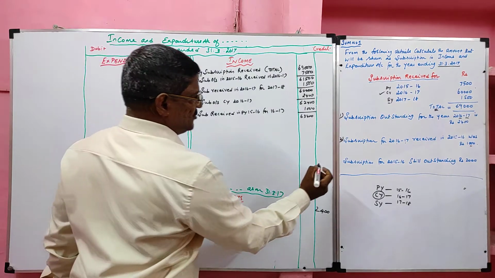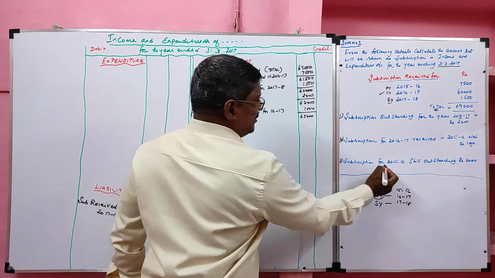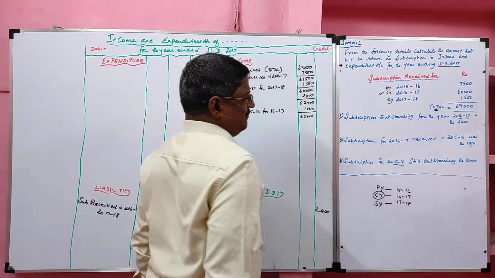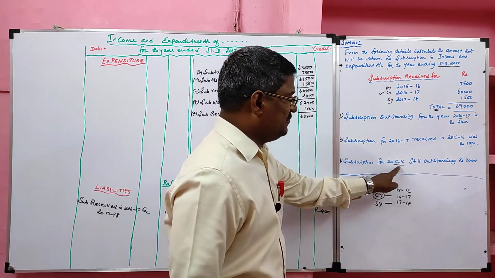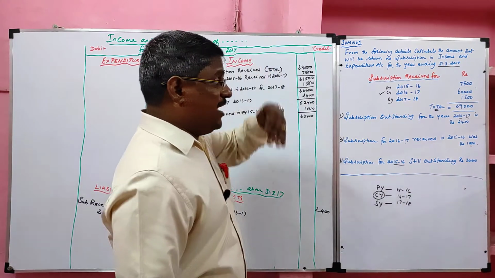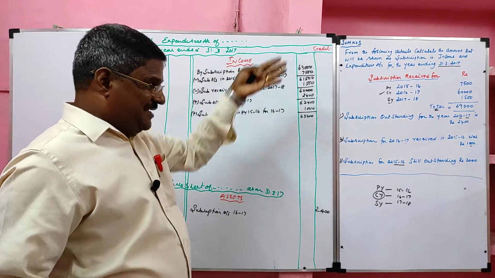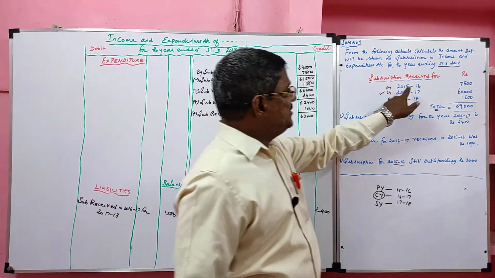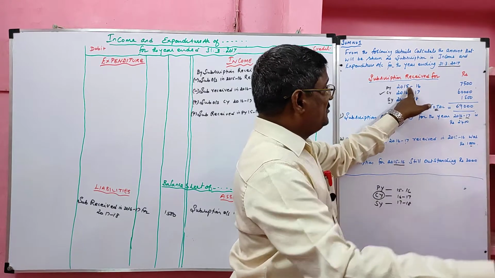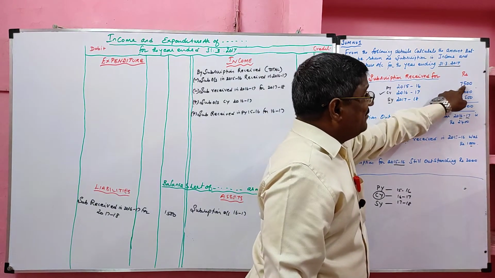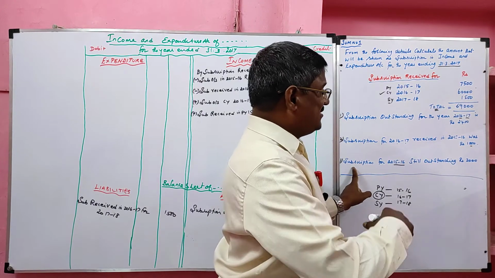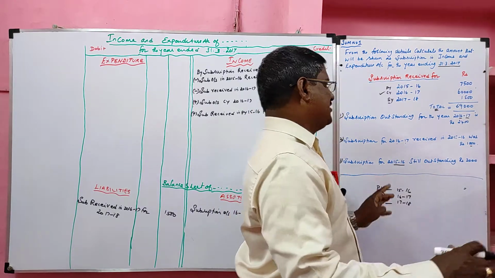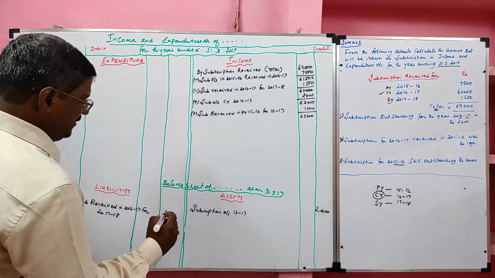Next, last adjustment is subscription for 2015-16. Previous year 2015-16. Subscription for 2015-16 still outstanding. Last year subscription still not received. What do you mean by this? This is last year subscription outstanding 7,500 received in this year. This is last year subscription still outstanding. It will appear in the asset side.